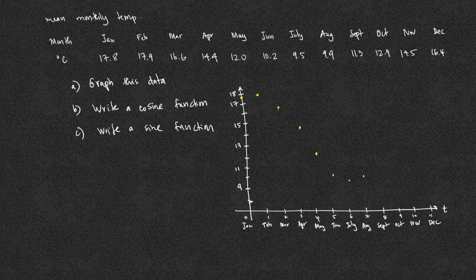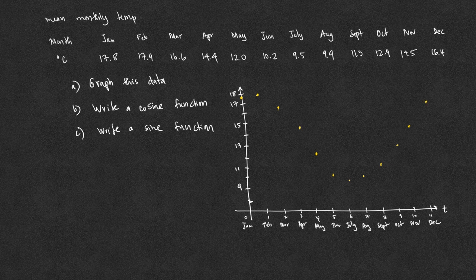In September, the temperature is 11.3. In October, the temperature is almost 13, 12.9. In November, the temperature is 14.5. And in December, the temperature is 16.4.